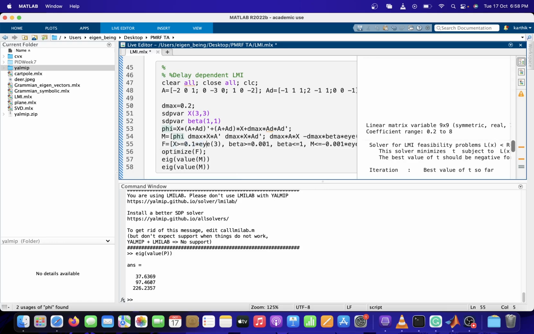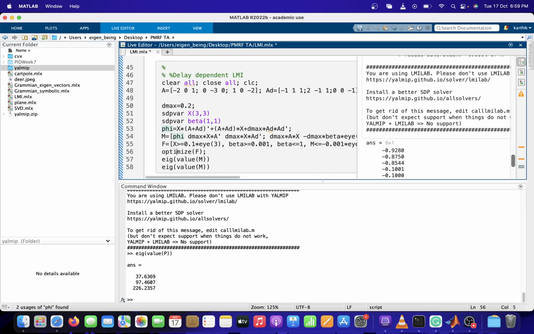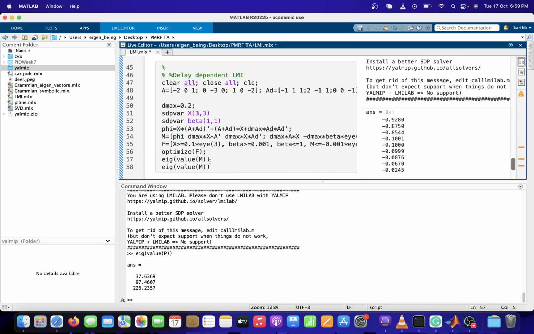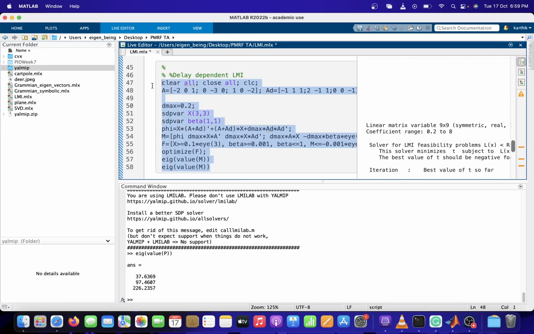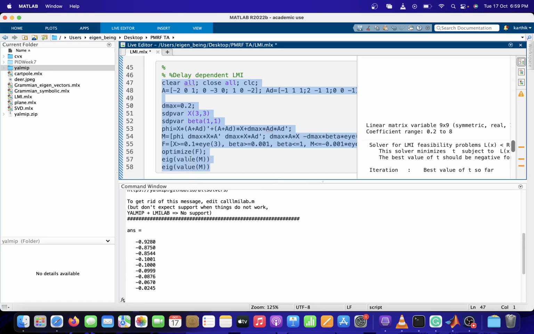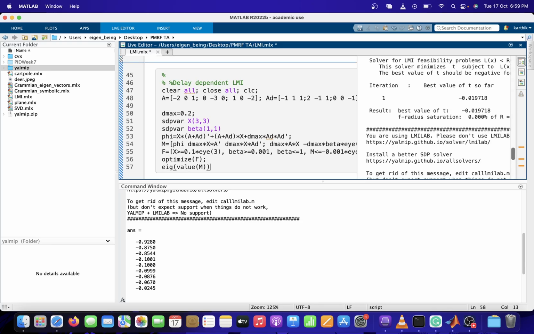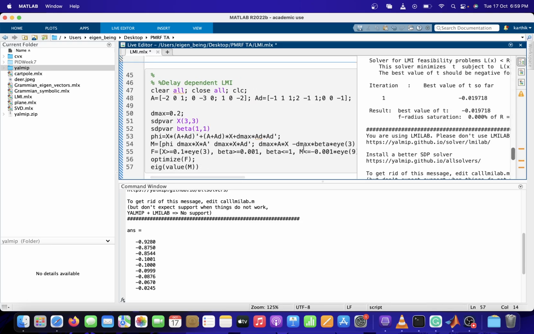X is positive definite, beta is some small value, and this is the optimization problem. Now if I run this, you can see all are negative, which means the eigenvalue of this problem is negative, so I have solved this problem.